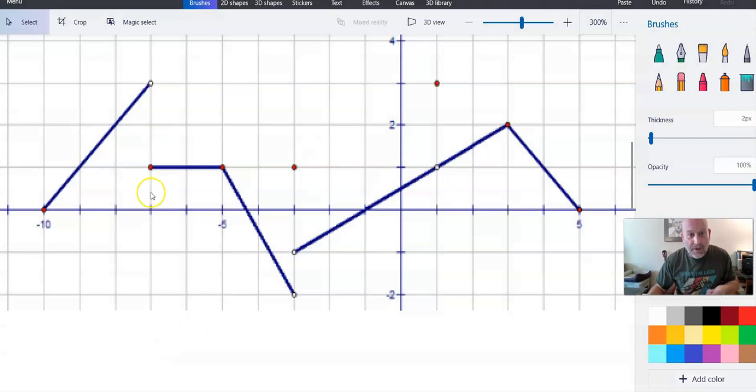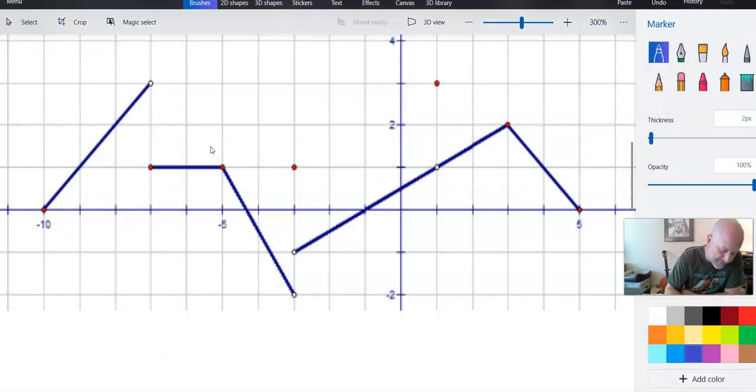And so I have this function defined. This is our function. We'll call it f of x. And I kind of zoomed in on this so you can see it a little bit better. So I want to point out some of the key points here. So first of all, note that right here, that point is a closed point. That's a solid dot.